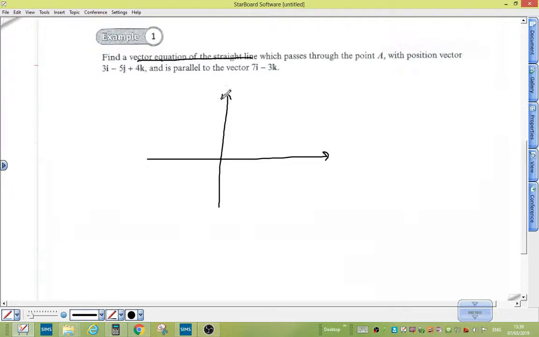Now, yes, we might have a line looking like that. And there is a way of doing that. But you've got to get in your heads that the equation of this line is really a random position vector that gets you from O to the line, and we call that capital R.